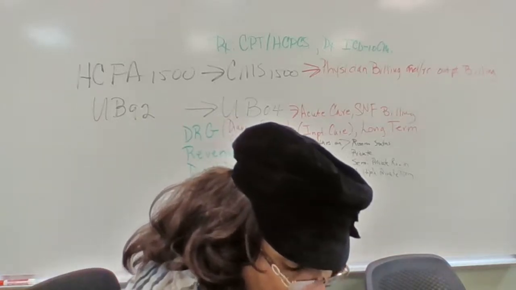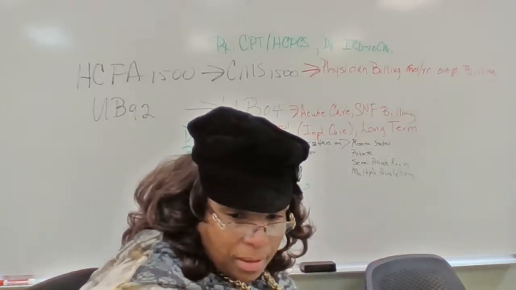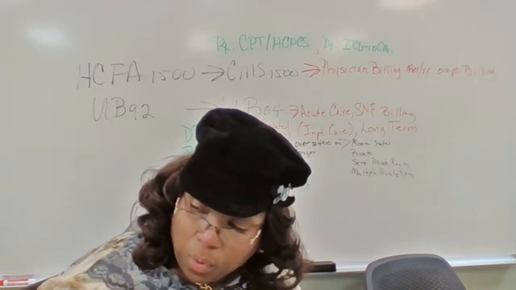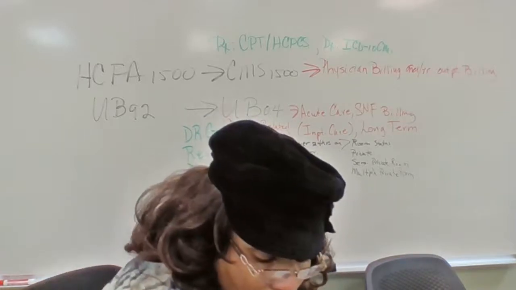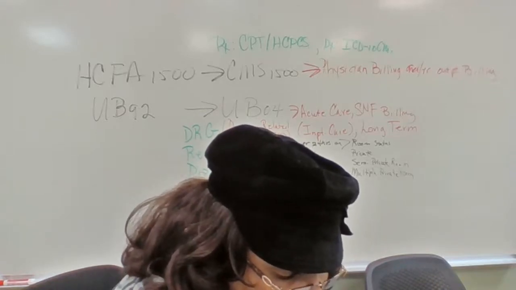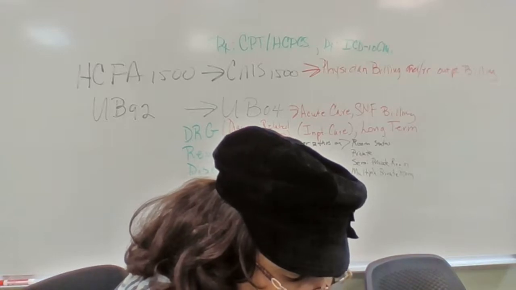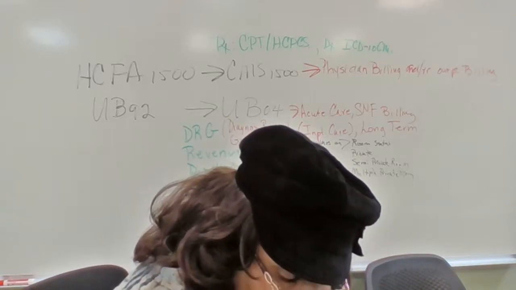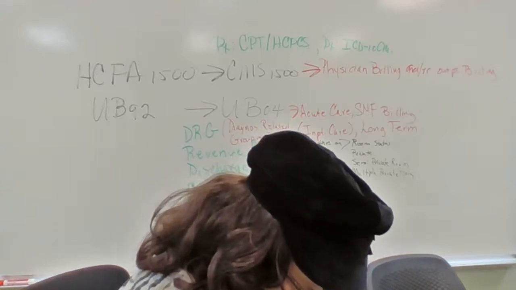If you have your workbook, let's open up and look at that. You have your workbook, sweetie? Yeah, your Fordney workbook. Let's go to chapter 7 in your Fordney workbook. Chapter 7. Yes, pumpkin. Perfect.